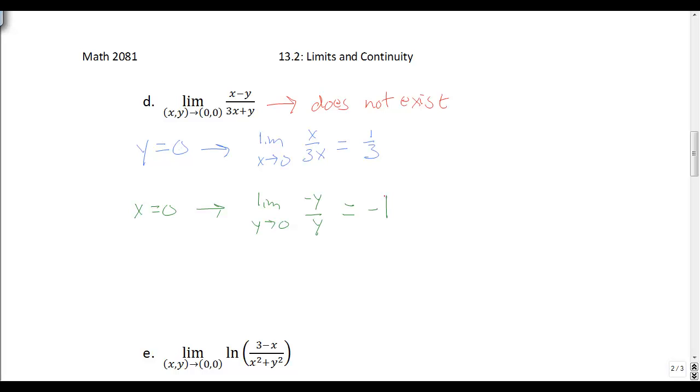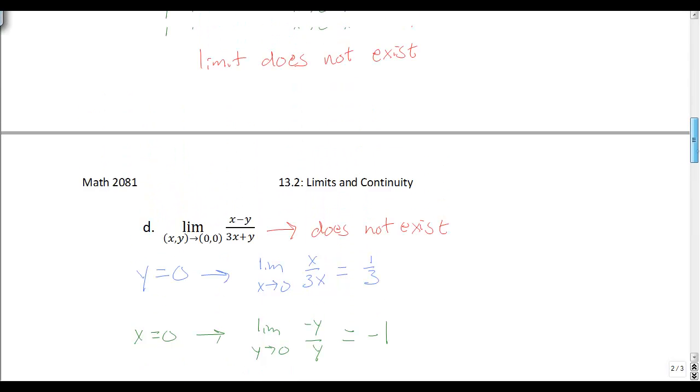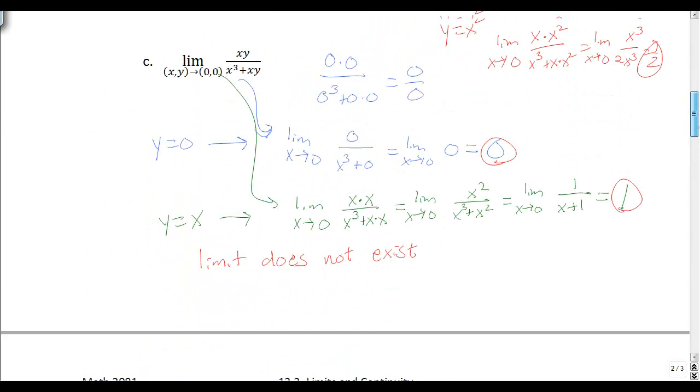Another technique that can be nice to use here, let's maybe go up to the previous one and show this. I think it's a little more illustrative. So when you have the xy over x cubed plus xy, let me do this in orange. What you could do is instead of doing y equals 0, y equals x, maybe x equals 0, y equals 2x, a bunch of different lines, a lot of times you can just plug in y equals mx into this original thing, and then you get the limit as x goes to 0.